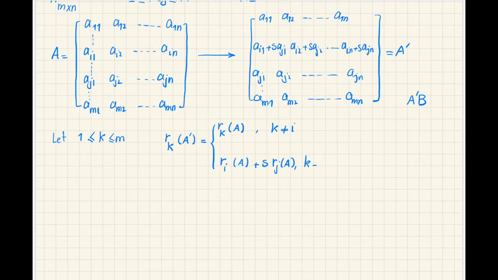Yes, so this is everything written in a summarized form.